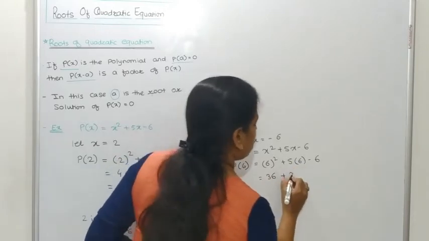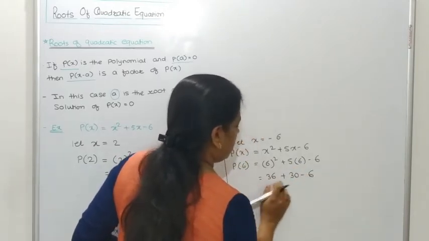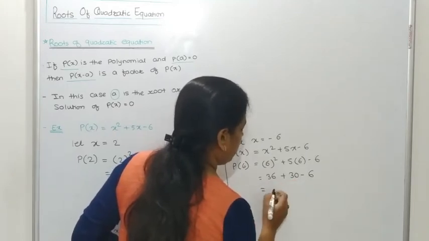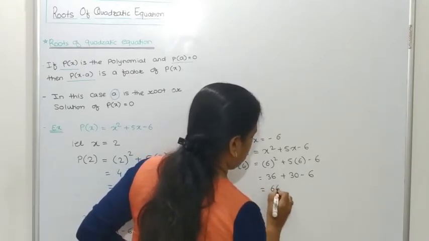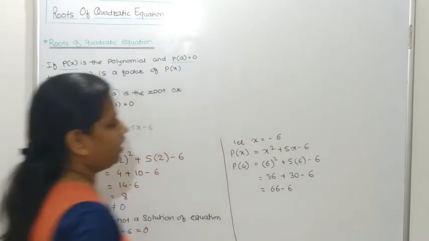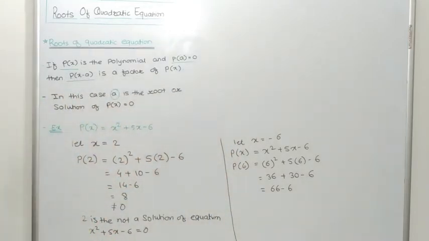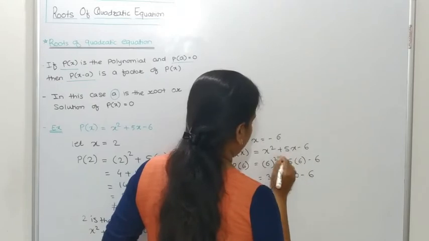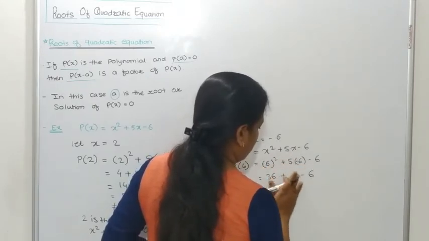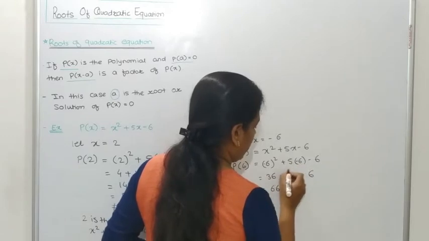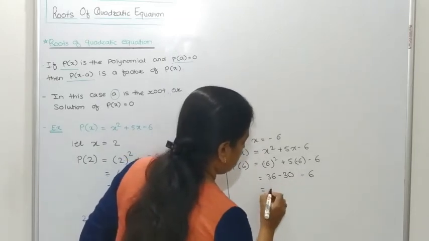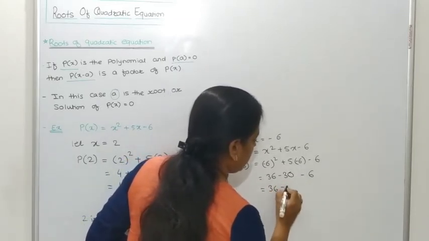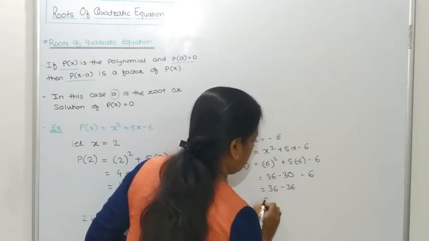Then 5 into minus 6 is minus 30, and then minus 6. So 36 minus 30 minus 6, that is plus 36 minus 36, which gets 0.